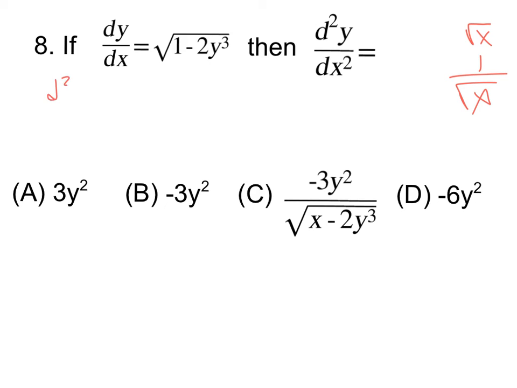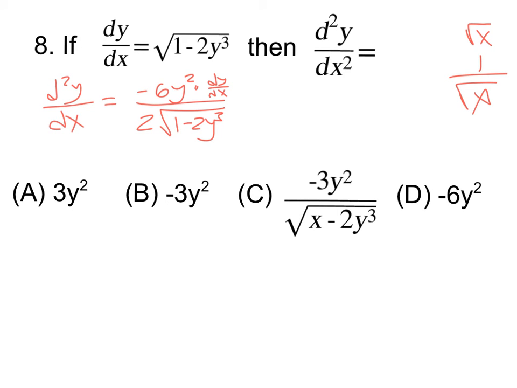So the second derivative, the derivative of that square root is over 2 root 1 minus 2y cubed. And then on the top, I'm going to put the derivative of the inside. Derivative of the inside is negative 6y squared dy dx. But dy dx is this.